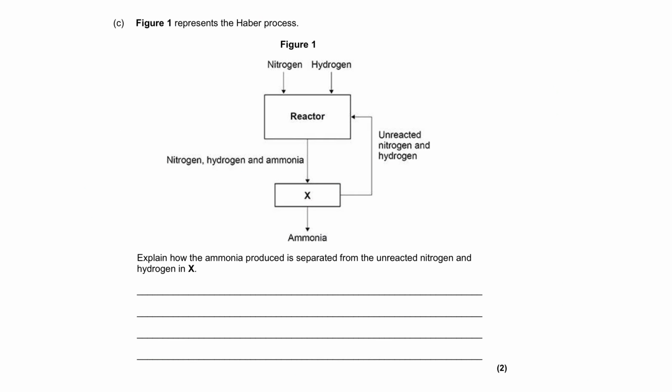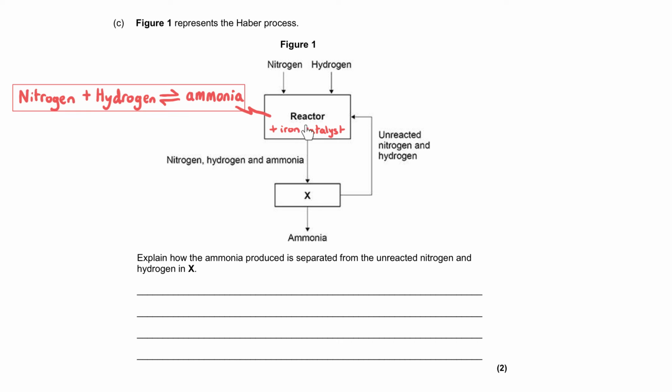Figure 1 represents the Haber process, and you can see that the nitrogen and the hydrogen raw materials are put into a reactor, where there's an iron catalyst, by the way, and this is where the Haber process reaction occurs. And then because this reaction is reversible, that means we don't get 100% conversion into the ammonia.